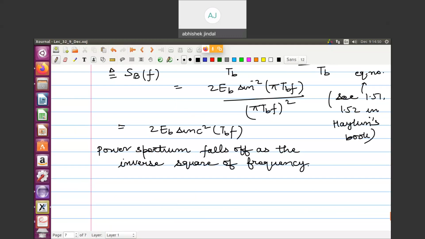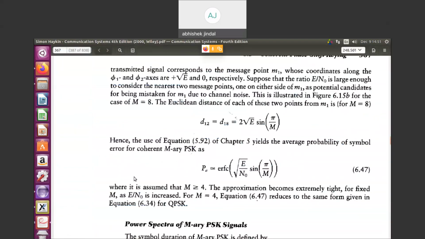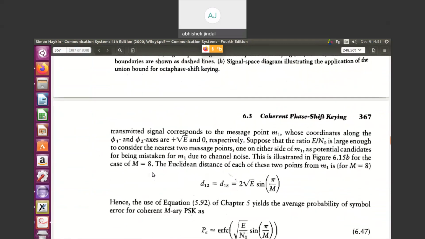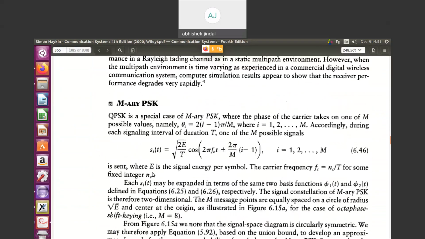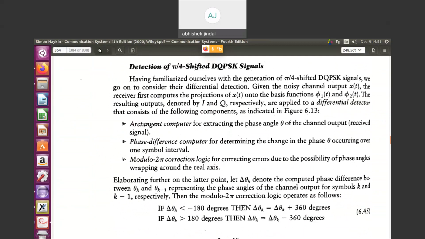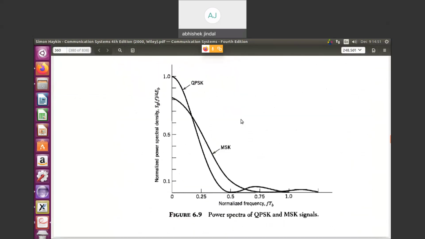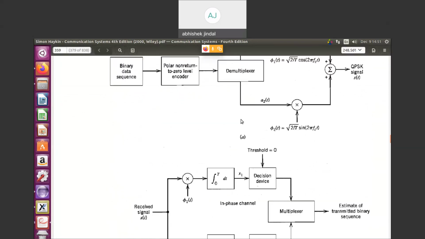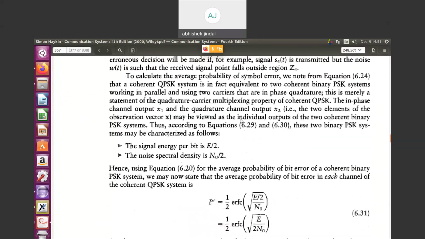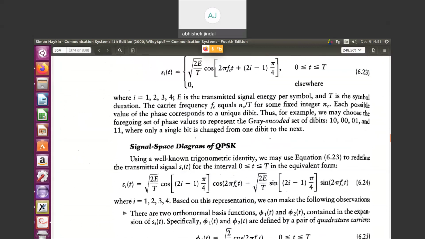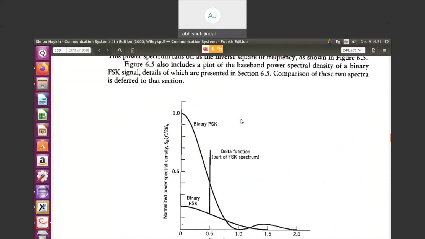Okay, so let us see this. This is given on page number 353. Let us see. Yes, so it is here. You can see the plot.